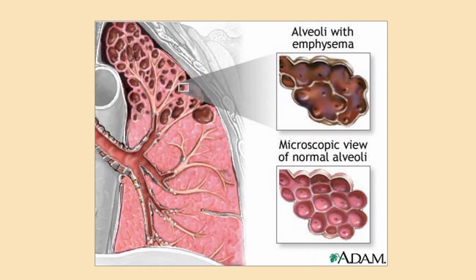In this image, we can compare normal alveoli down below with the alveoli that we observe in someone with severe emphysema. So in destroying the alveolar walls, we now effectively reduce the surface area for gas exchange. Oxygen loading, carbon dioxide unloading, that's external respiration, right?